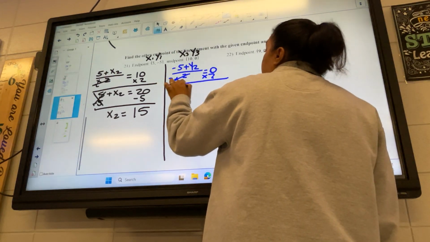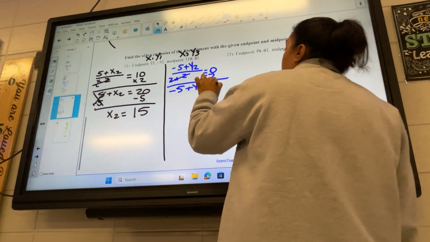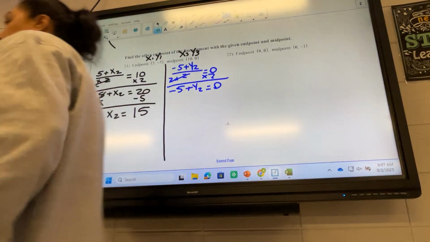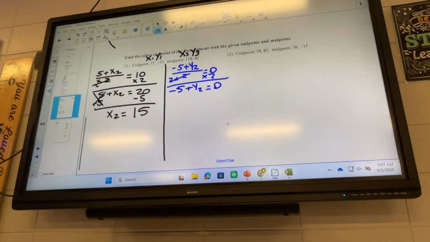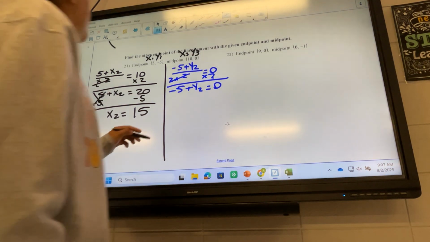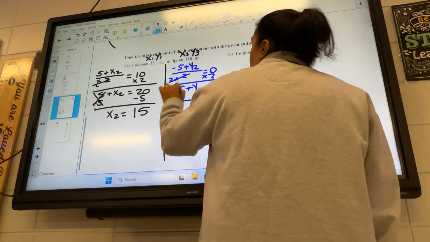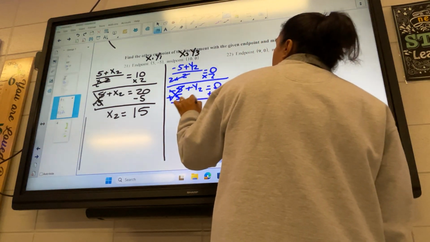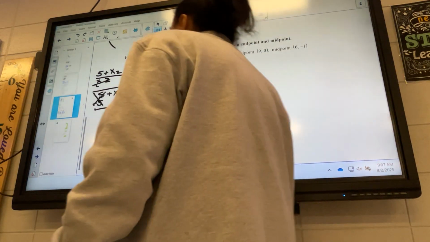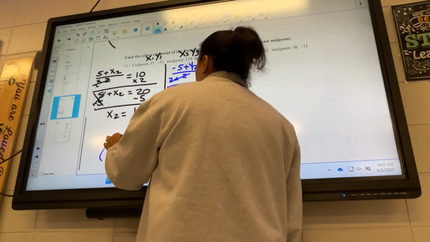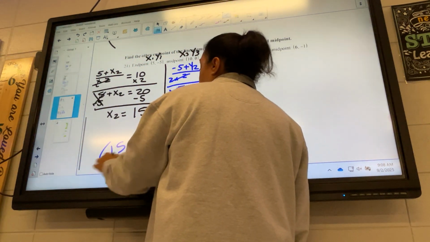So we get negative 5 plus y2 equals 0. Then am I going to add or subtract? We're going to add 5 on both sides. So we get y2 equals 5. So my coordinate is going to be 15, 5.